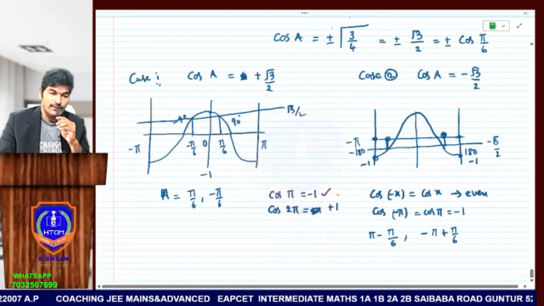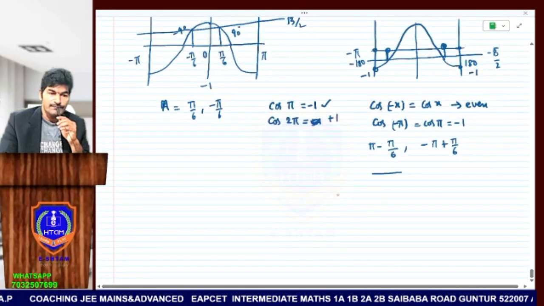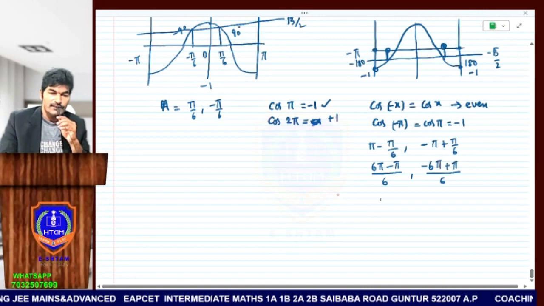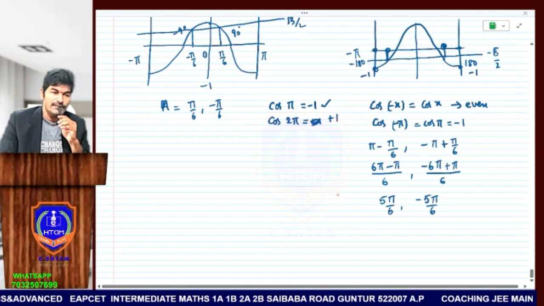Okay. Now do the LCM. If you do LCM, then 6 is the LCM, 6 pi minus pi. And here it will be minus 6 pi plus pi. How much is it? 5 pi by 6. And this will be minus 5 pi by 6. Now you can check the answers.